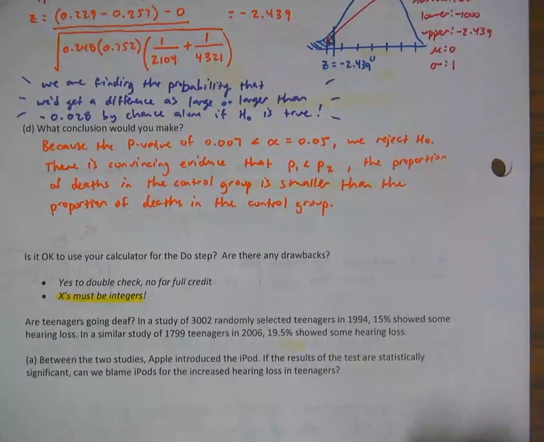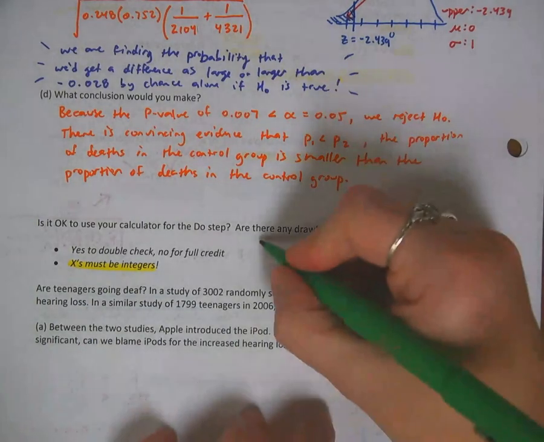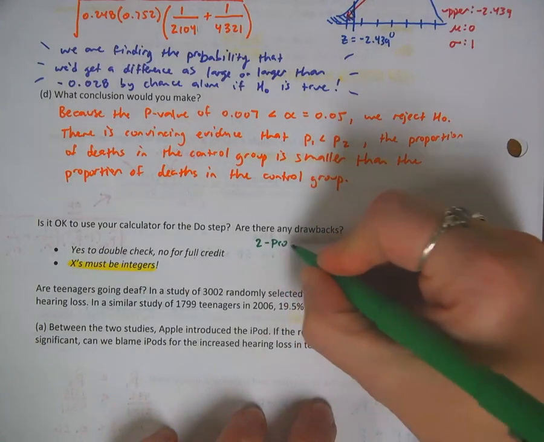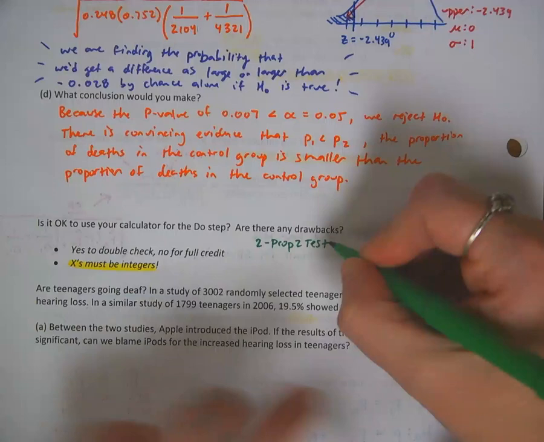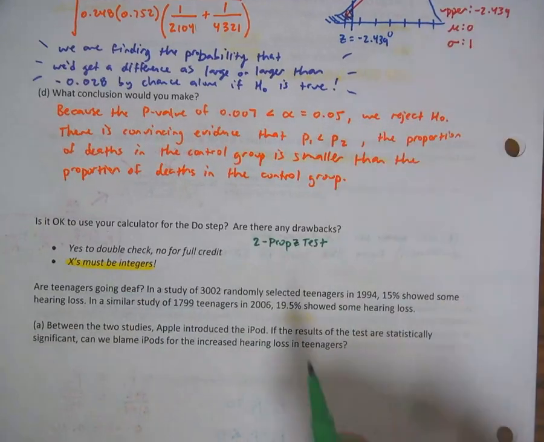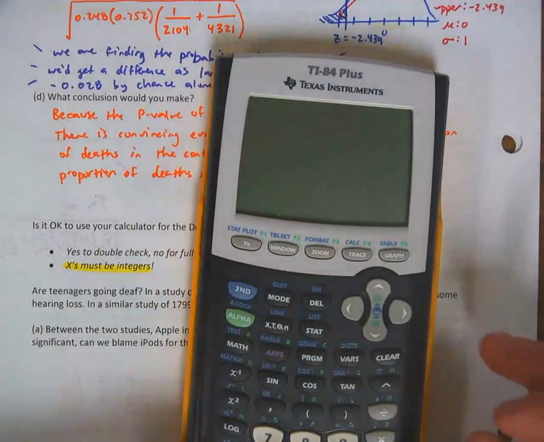and put in my calculator. In your calculator, you're going to go to the tests menu, so stat tests, and you're going to do a 2-prop z-test. My 2's and z's look a lot alike, so 2-prop z-test. And let's see what it asks for.